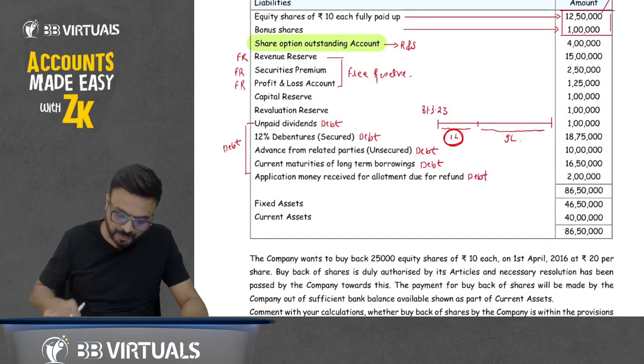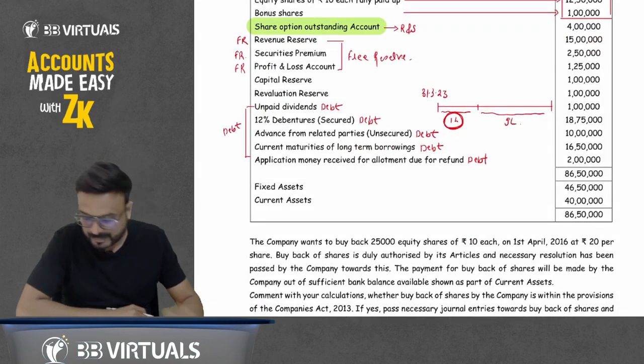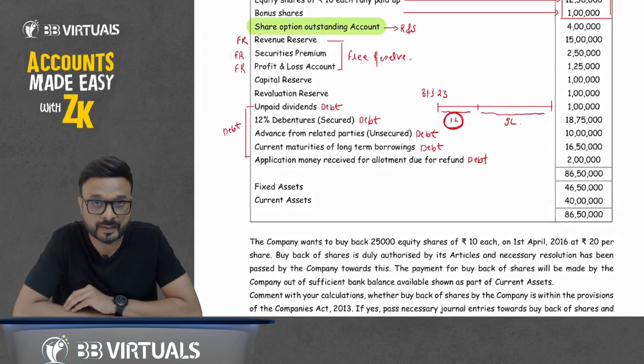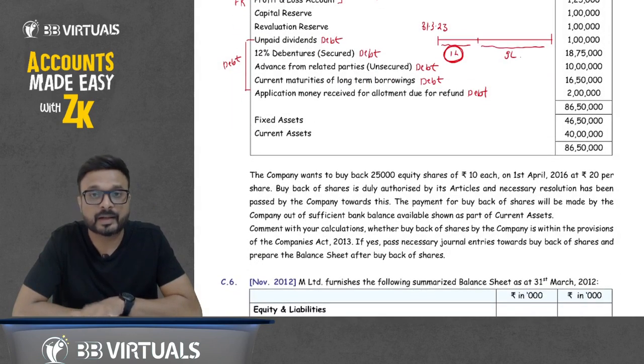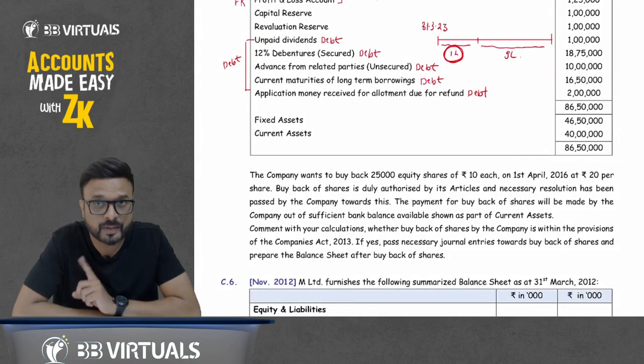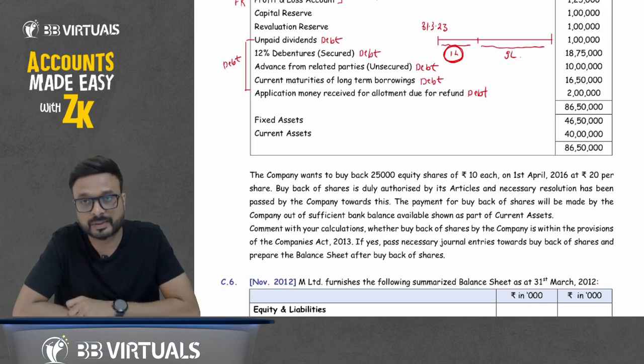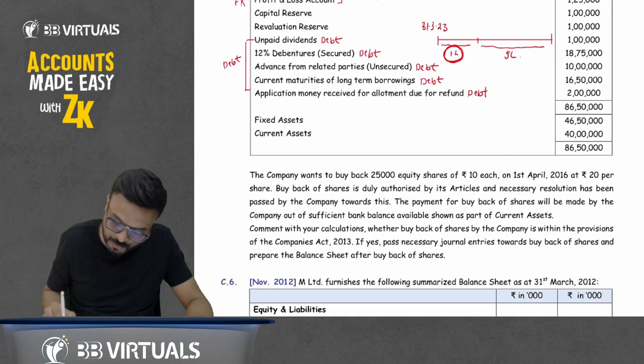Here they have given us fixed assets 46,50,000 and current assets 40 lakhs. The company wants to buy back 25,000 equity shares of rupees 10 each on 1st of April 2016 at rupees 20 per share. What is the face value of the share?